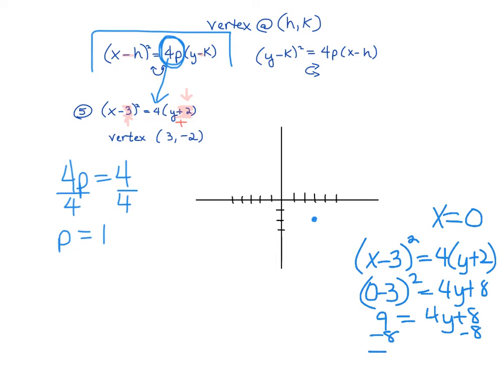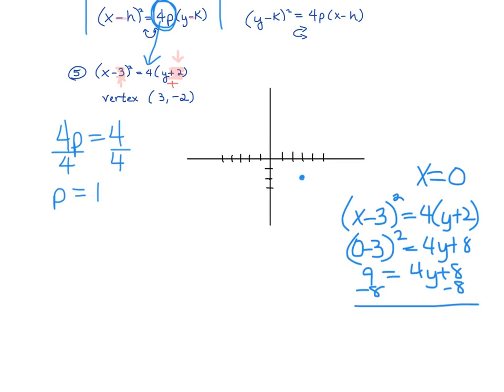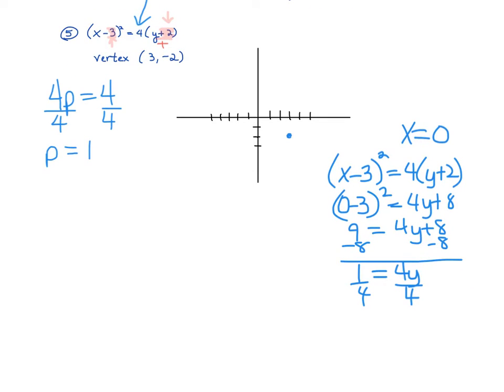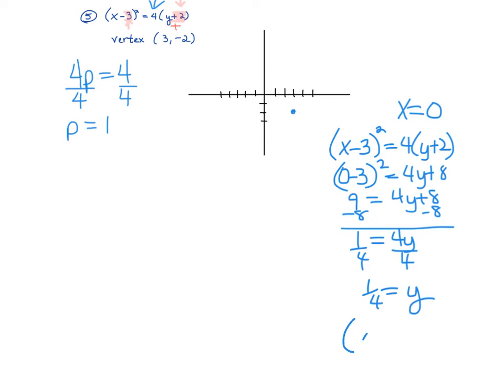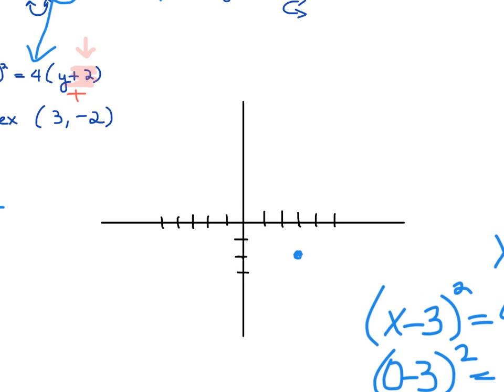Again, you can pick whatever x value you want to plug in. So I'm going to divide by 4, and then 1/4 equals y. So my next ordered pair that I can graph is 0, 1/4, which is also my y-intercept. So I'm going to go ahead and plot that point. And again, we're going to approximate it.